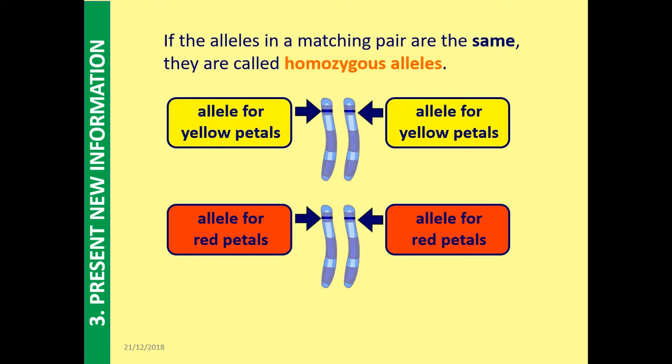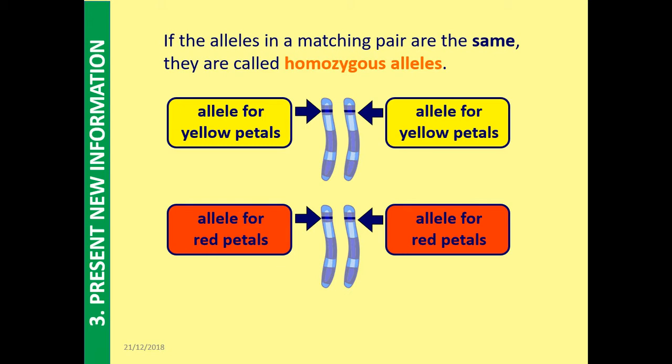So here we've got some pairings of those different alleles. And if the pairings are the same, so you can see in the first example, they're both yellow, they're referred to as homozygous alleles. The matching pair is homozygous. And underneath that, we've got two red petal alleles sitting together, and they are also homozygous alleles.